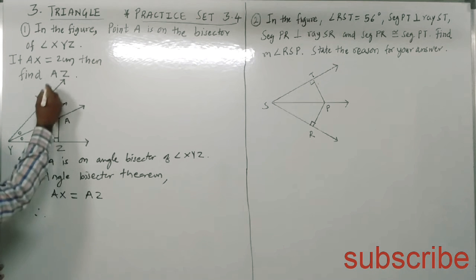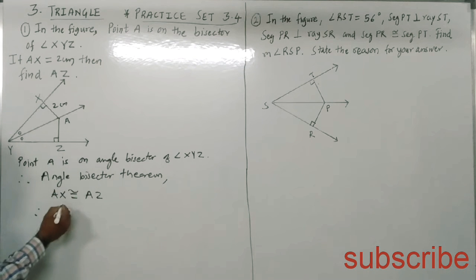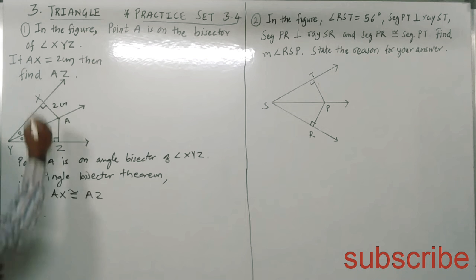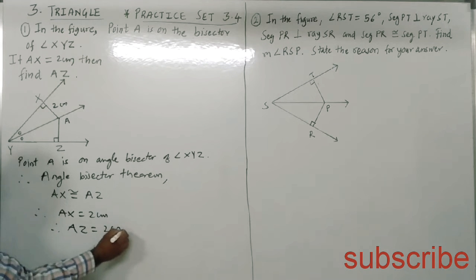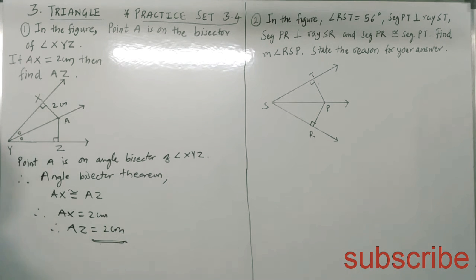AX is congruent to AZ, and AX is equal to 2 centimeter. Therefore, AZ is also 2 centimeter.